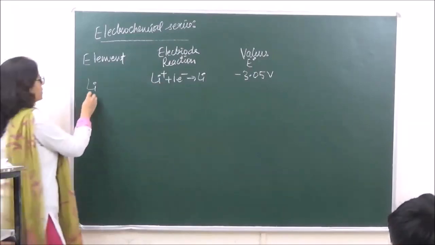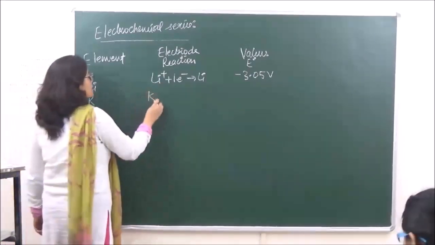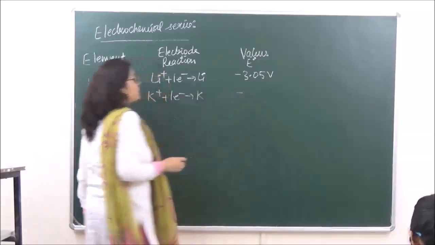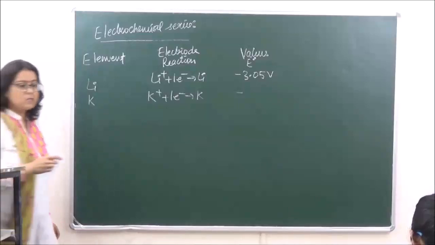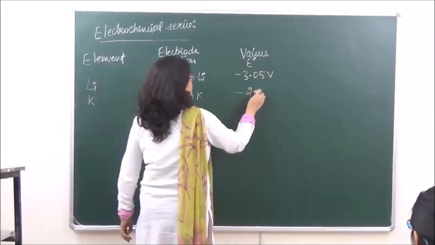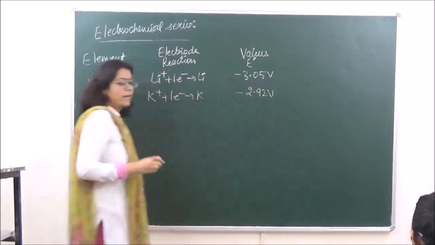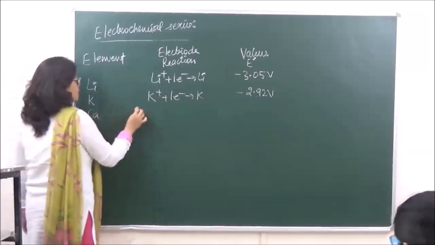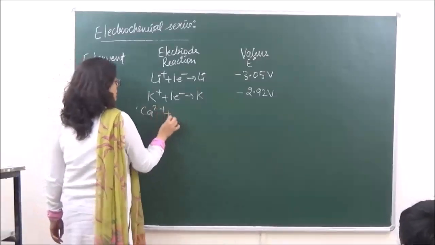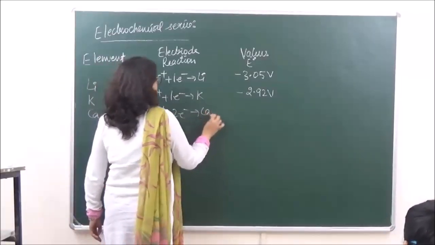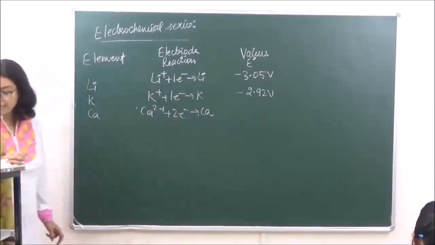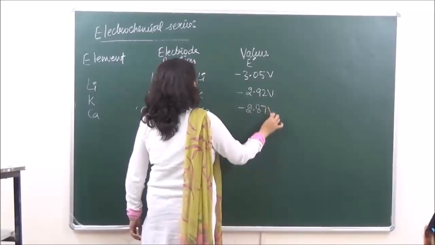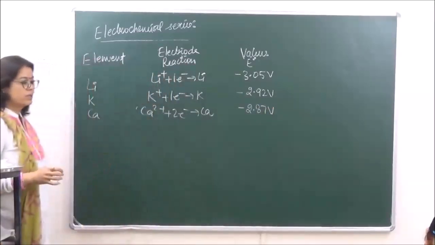Then after lithium comes potassium. The reaction is K+ plus 1 electron to give us potassium, and the E0 value is minus 2.92 volts, right? Then the next is calcium, Ca2+ plus 2 electrons to give us calcium, and the value is minus 2.87 volt.